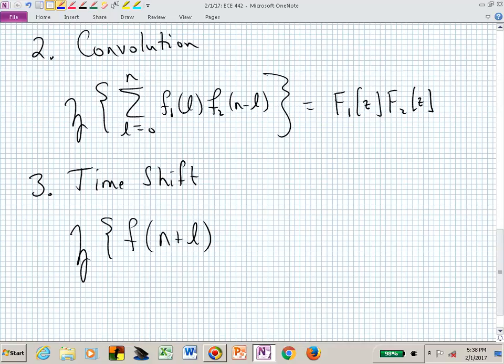Let's say that little n is in fact our time index. That's the one that is moving from 0 to 1 to 2 to 3. It's moving along, or starting at minus infinity and coming up. And little l is now a fixed integer.